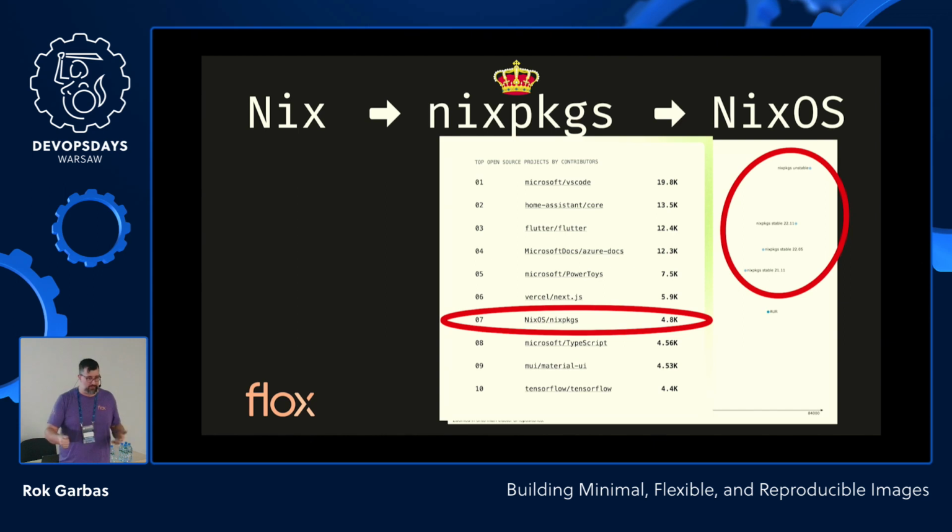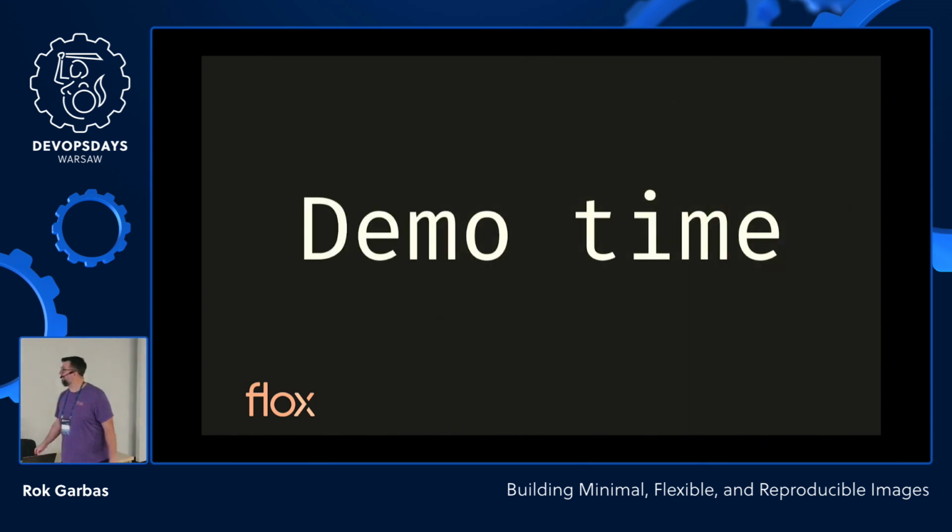It works cross-platform, so you can share your packages from one system to another, inside Docker, outside Docker. But if you asked me to choose one thing, it's Nix packages. It's an amazing collection of all the software out there. Most likely you'll find it, and if not, there's the PR way to add it.